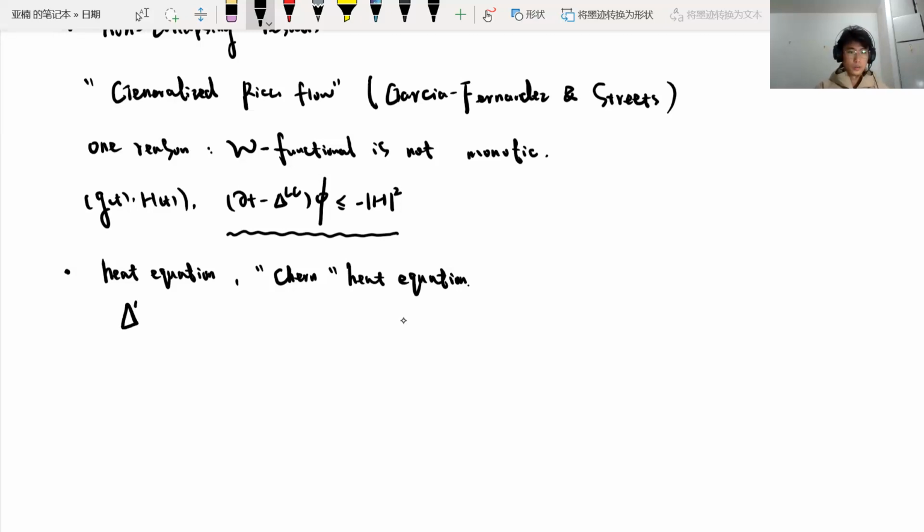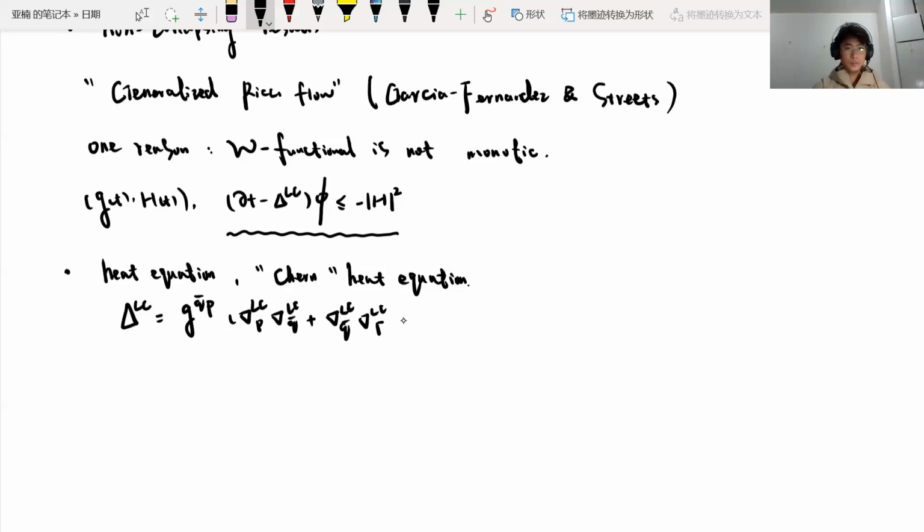We use this to denote the Laplacian with respect to the Levi-Civita connection using the complex coordinates, and use this to denote the Chern connection, or the half Chern connection. We just omit half.